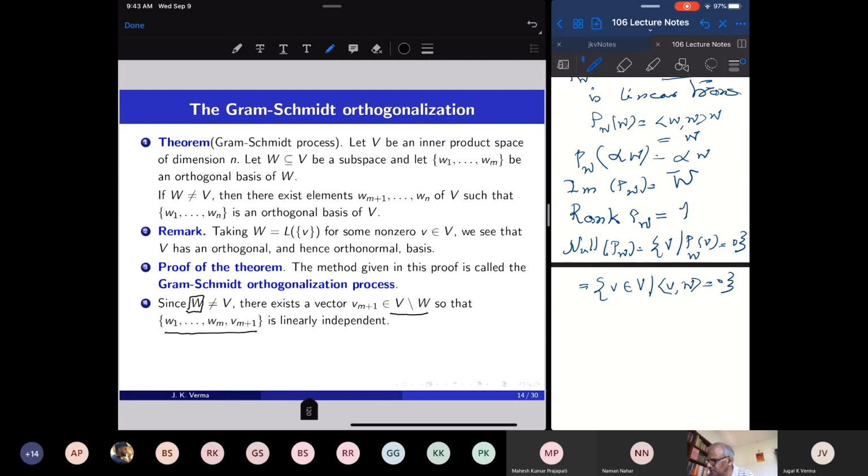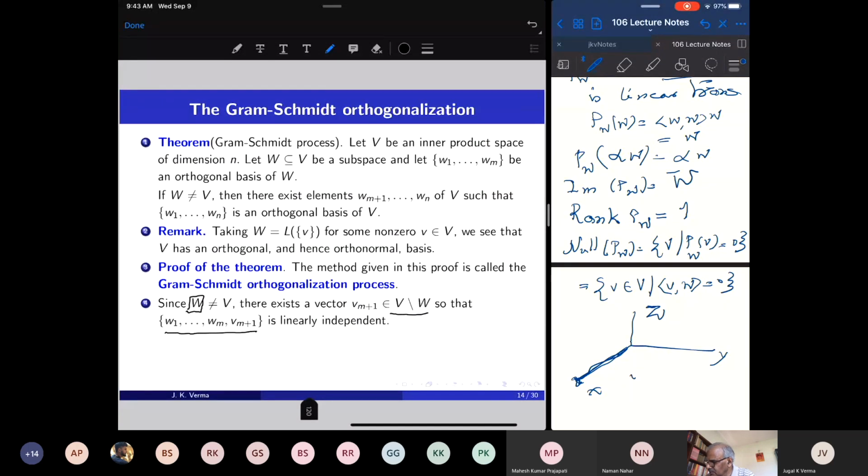Yes, they are perpendicular to W. So let us say V is three-dimensional space, and my W is in the direction of the x-axis. Take a vector in the direction of the x-axis.